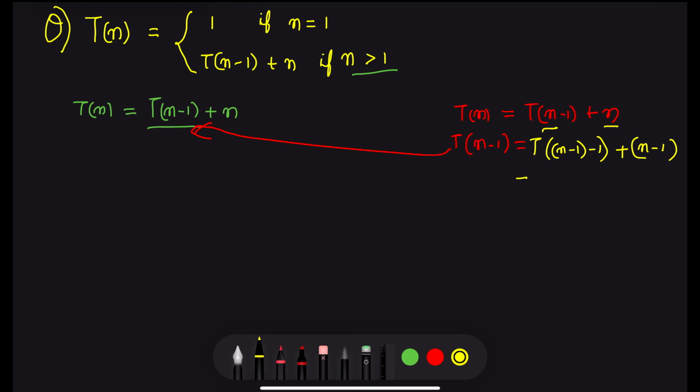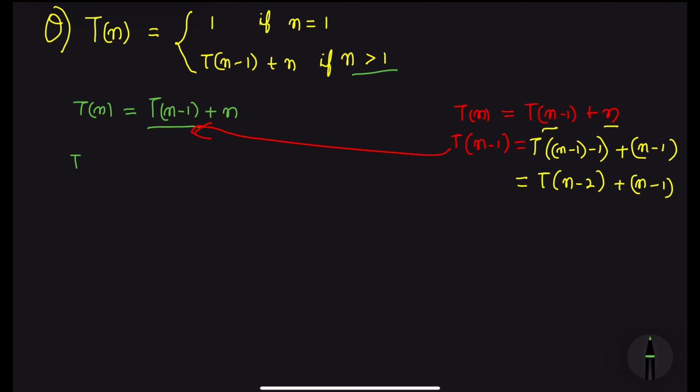So we get the value of T(n-1) as T(n-2) + (n-1). So here we can substitute it. T(n) will equal, substituting the value of T(n-1) here, T(n-2) + (n-1), and this n will come as it is here, + n.